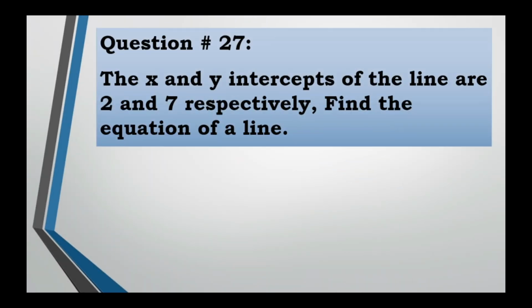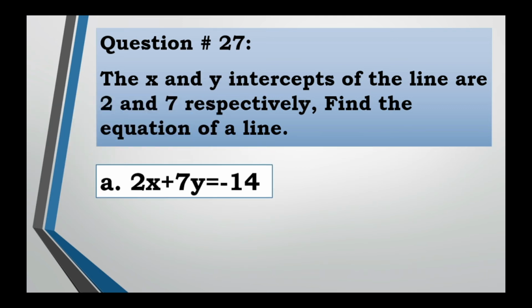Question number 27. The x and y intercepts of the line are 2 and 7 respectively. Find the equation of the line. Letter A, 2x plus 7y equals -14.